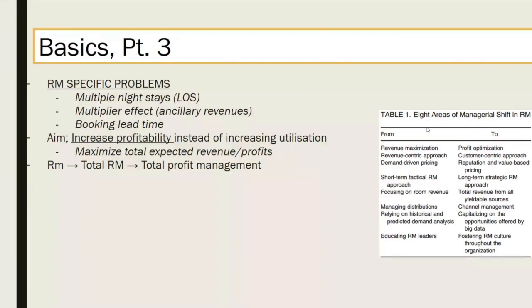And here we see on the right a small little table that looks at the differences in what's normally the managerial side of revenue management. So you look at revenue maximization is what revenue management is supposed to be, or what it originally was. And now you're looking at more profit optimization, customer-centric approach, because you have to understand your customers, right, in order to know what they want to better meet their needs.